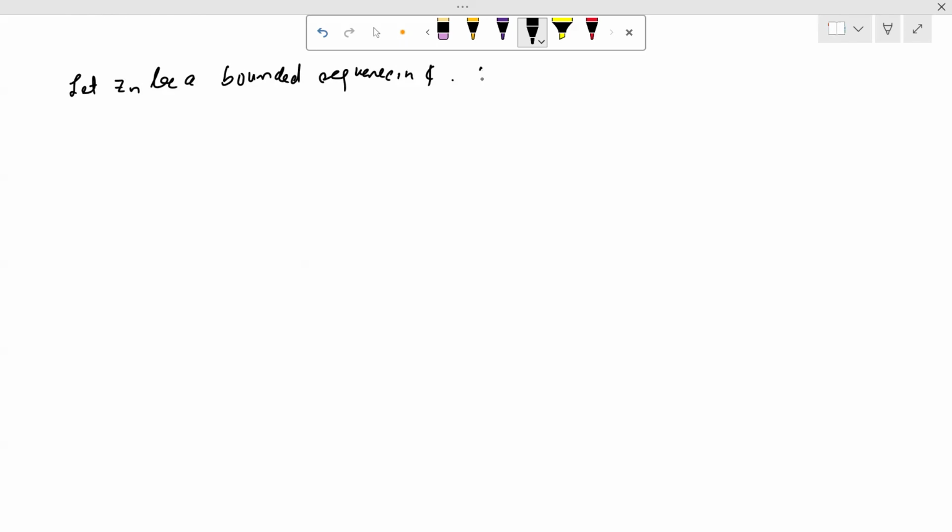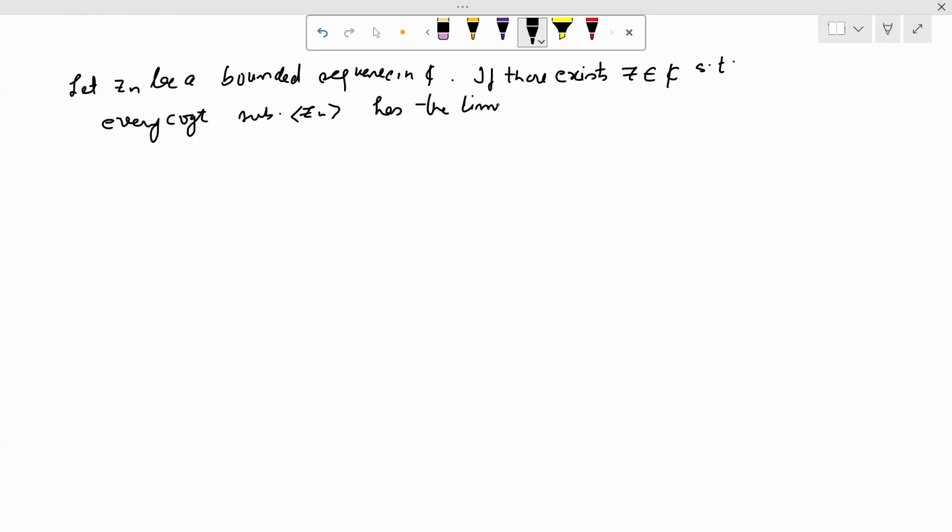Now, if there exists Z belonging to C such that every convergent subsequence of Zn has the same limit Z, it implies what?